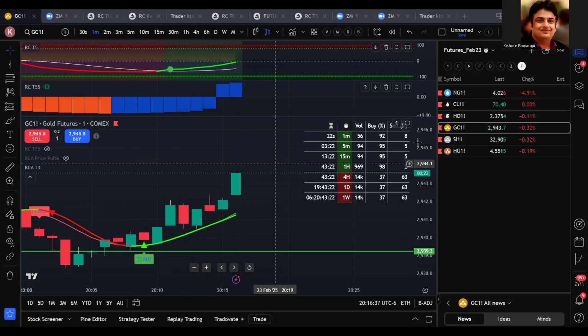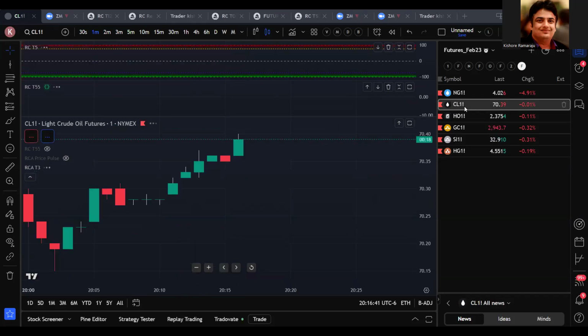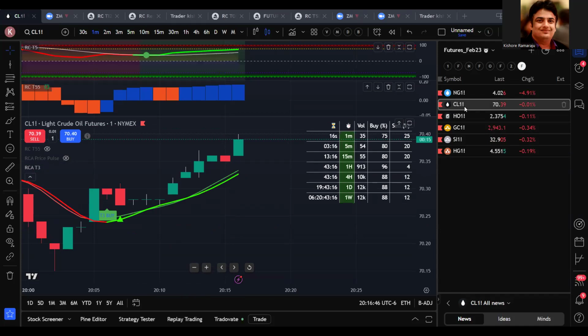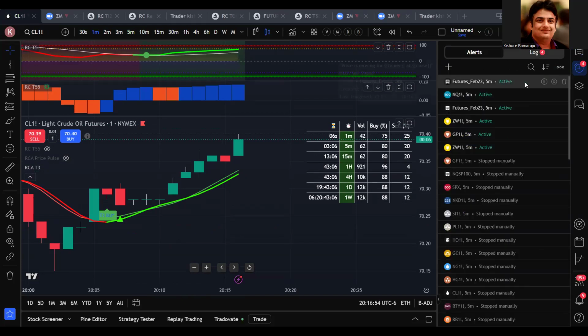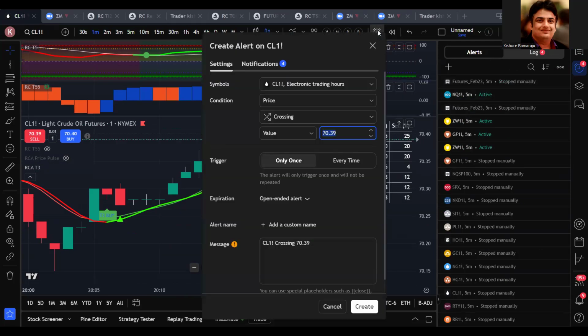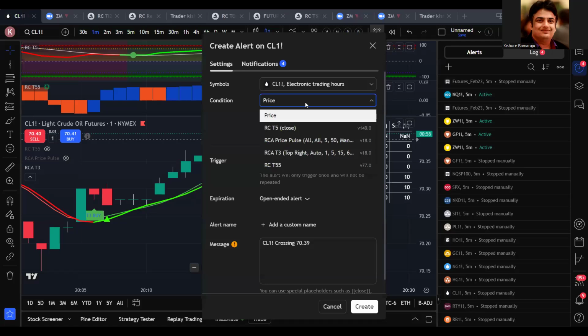So if you also look at crude oil, let me do one thing, instead of 5 minutes, I'll create alert on the 1 minute so we can see the alerts much faster.